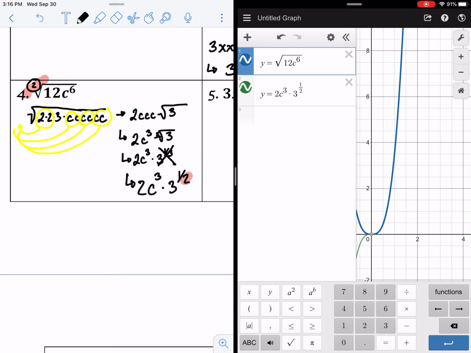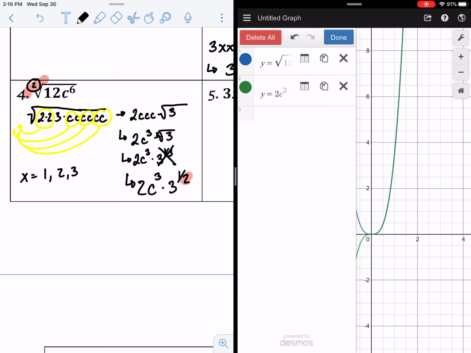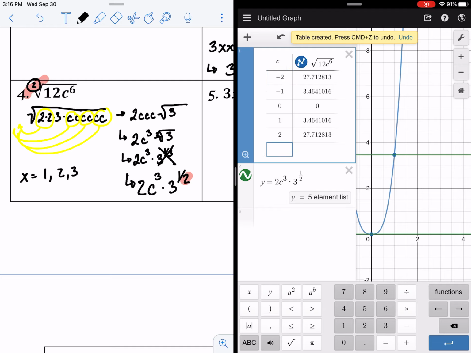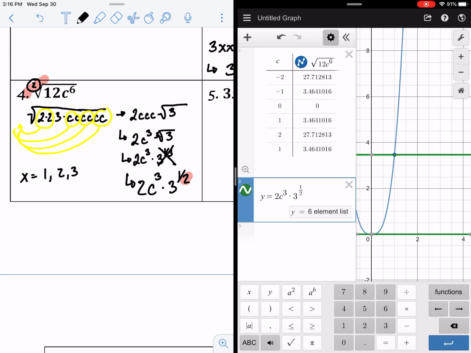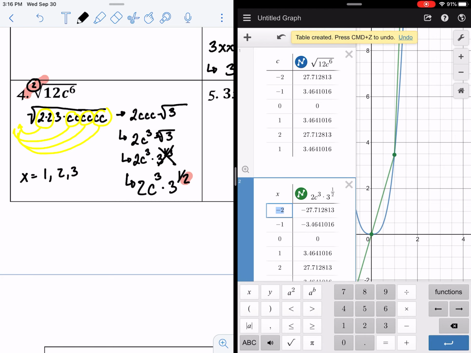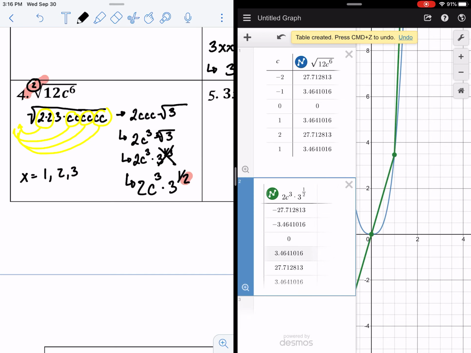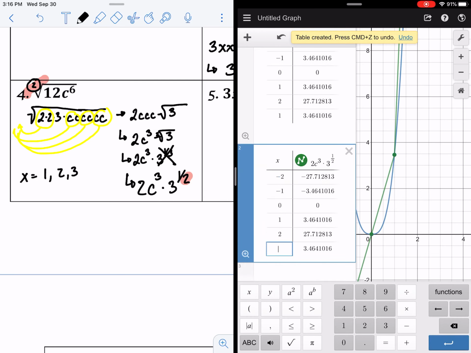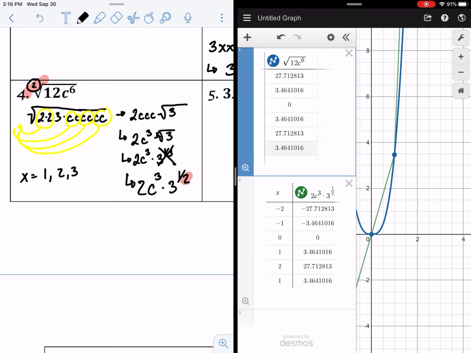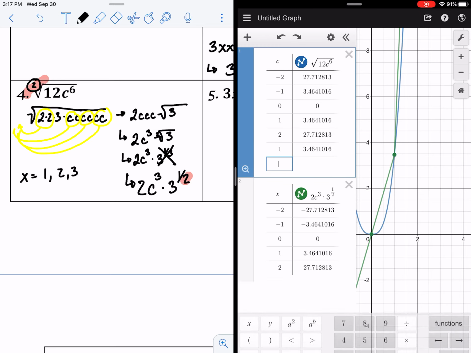Okay. So I want to test x equals 1, 2, and 3. So I'm going to pull up a table. When x is equal to 1, I get 3.4641, so that's good.